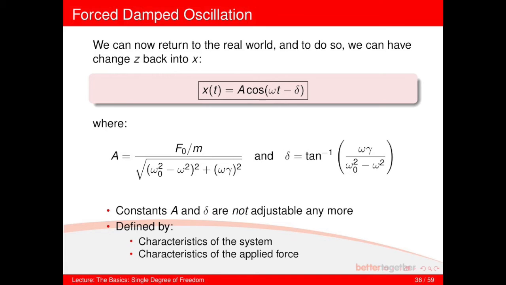It's no longer reliant on initial conditions. It doesn't matter what the system is doing when time is zero. You give it a forcing function and the system will respond, and eventually when all the transients die away, you'll end up with an oscillation with a certain amplitude and a certain phase dependent upon the system. Constants A and delta are not adjustable anymore, and they're defined by the characteristics of the system and of the applied force.